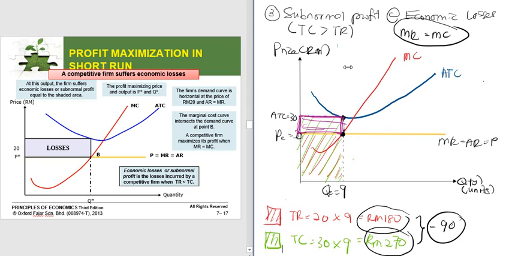So that is how firms in a perfect competition market make losses when ATC is higher than the price. Or you can use another method to calculate the loss: 30 minus 20, you get 10, and then you multiply with 9. So you get this area here, which is RM 90 of loss. Alright?